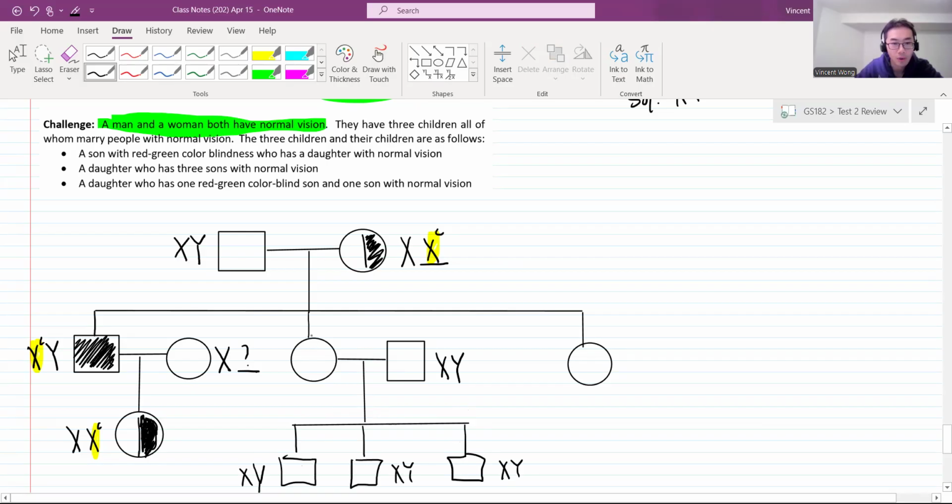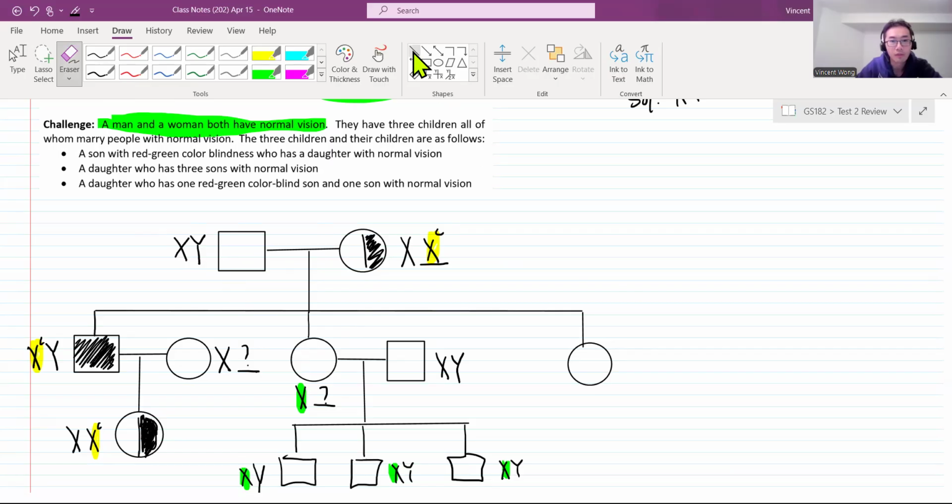So the woman must at least have 1 X that's normal, and this normal X is the one that gets passed on to all the sons. Now we don't know if she's a carrier or not. We have no information about that. We don't even know if this X came from the mother or from the father. It could be either one. She could be a carrier, she might not be.